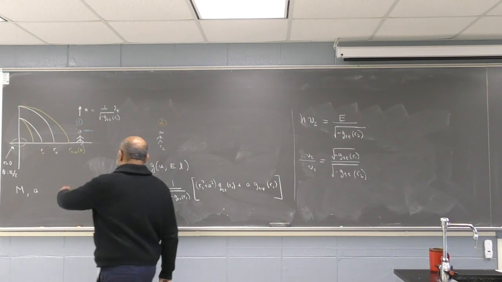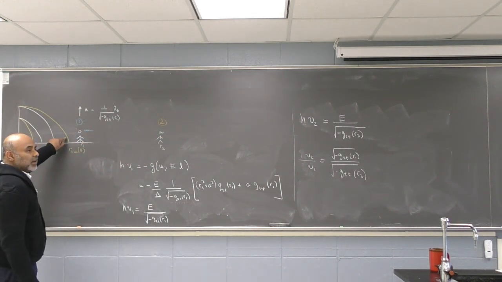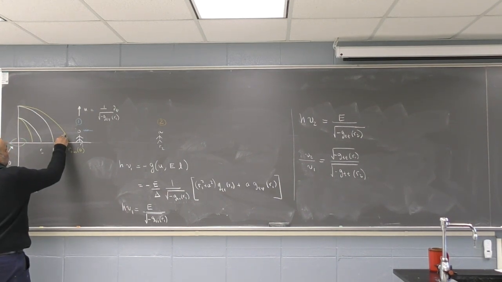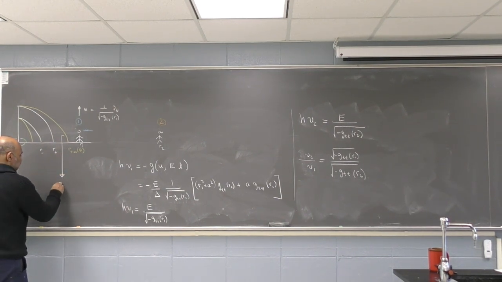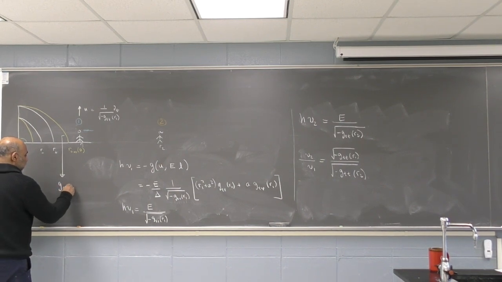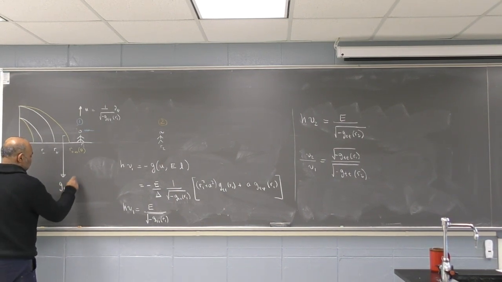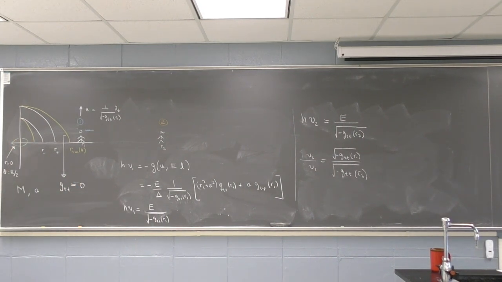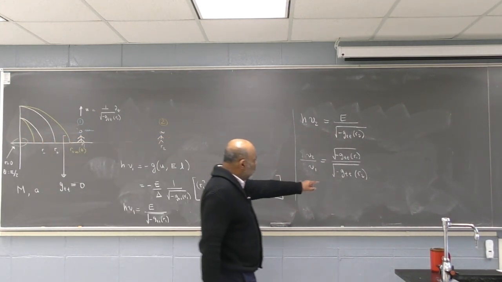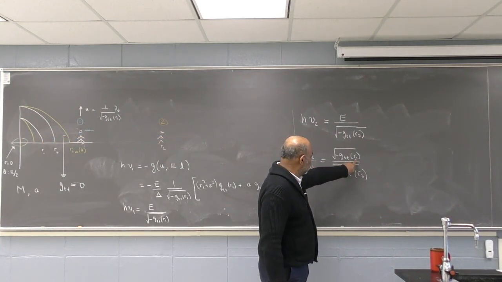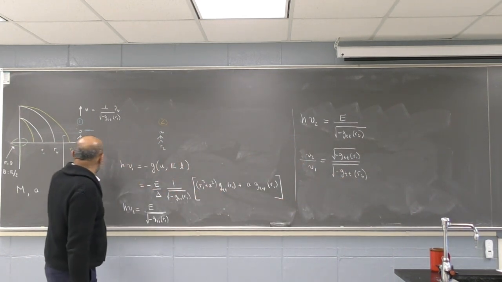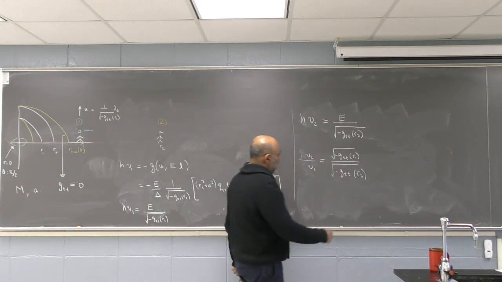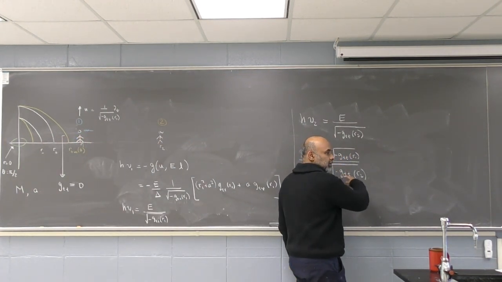What is special about this infinite redshift surface? Well, what's special about this surface is the fact that GTT is 0 exactly at that location. So the closer the observer is to the infinite redshift surface, the smaller this quantity is.